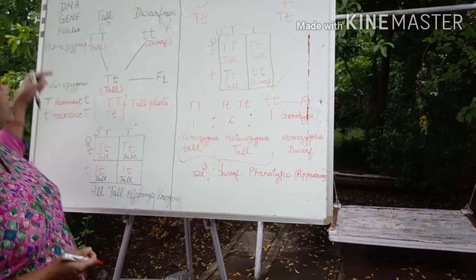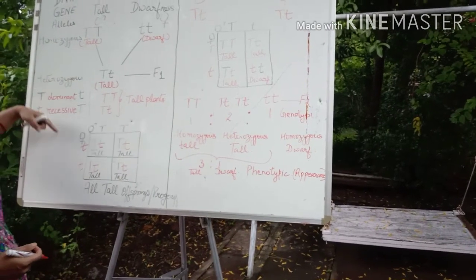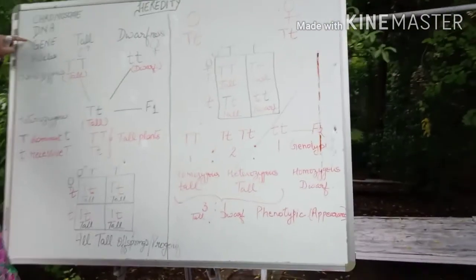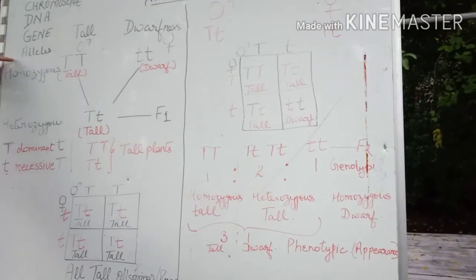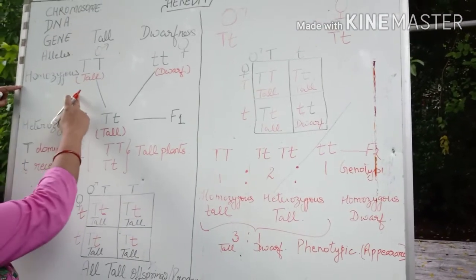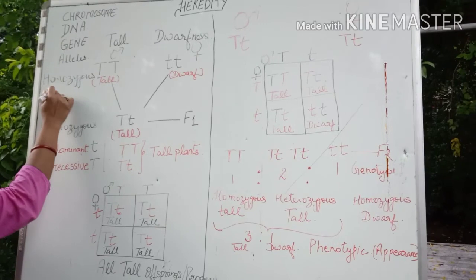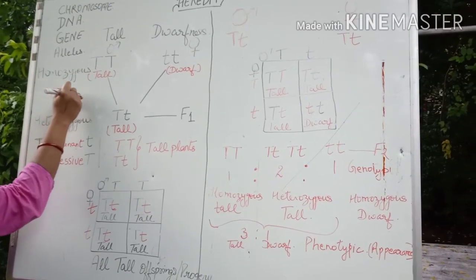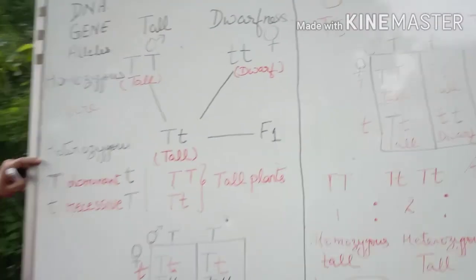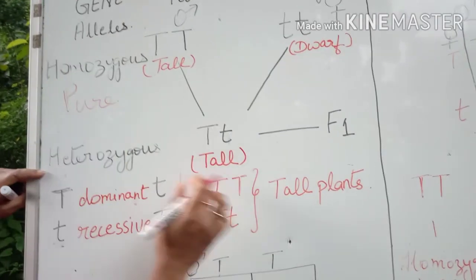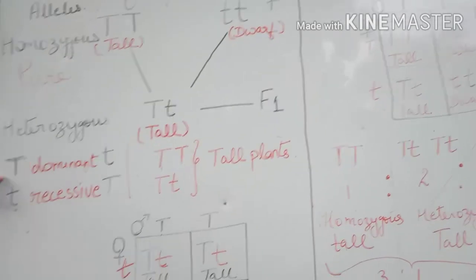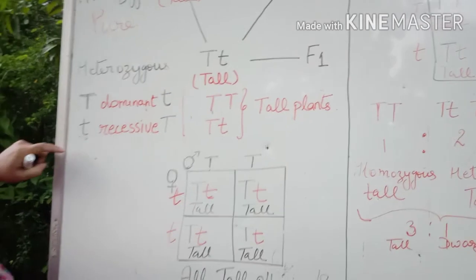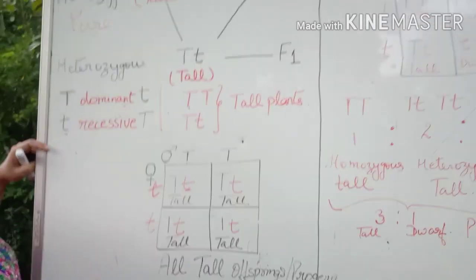This time you just keep in mind how all these things are coming: chromosome, DNA, gene, alleles, and then homozygous, pure. Homozygous is called the pure, and heterozygous can be called impure or having different genes. Then here it is dominant and recessive characters.